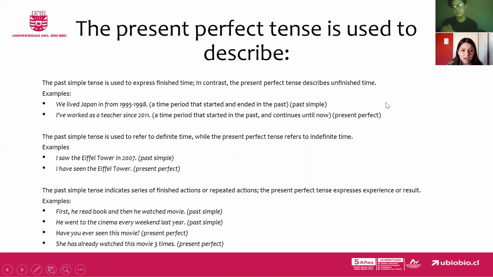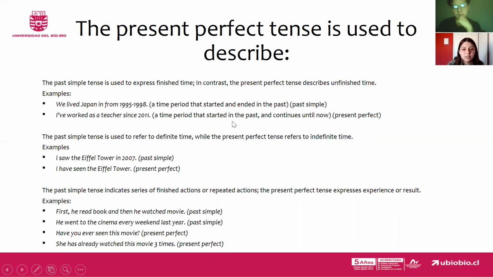So here we have a time period that started in the past and continues until now, and that would be present perfect. And here it is compared to simple past. In the example, we lived in Japan from 1995 to 1998. So it's something that started in the past and finished in the past. So that's a finished action.